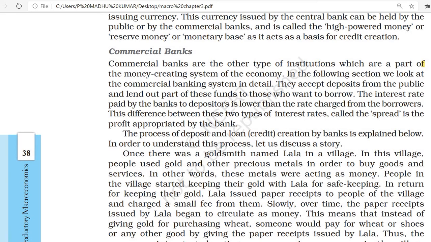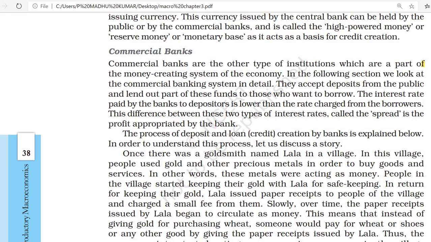Non-scheduled commercial banks are those which are not included in the act of RBI. Public sector banks are those banks which are owned and managed by the government. Private sector banks are those banks which are owned and managed by private individuals.